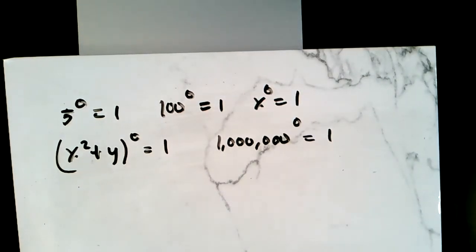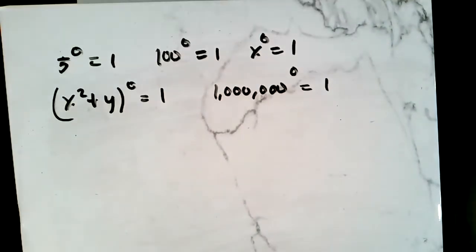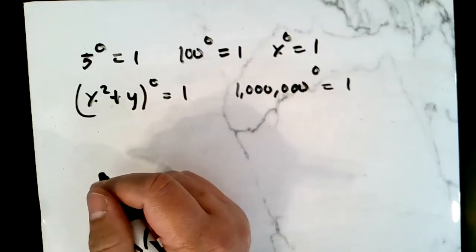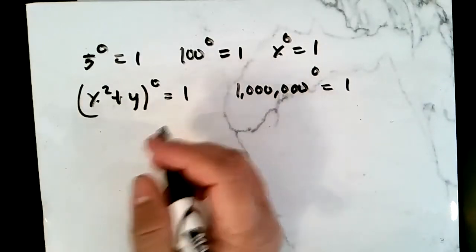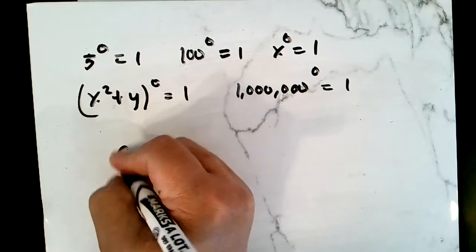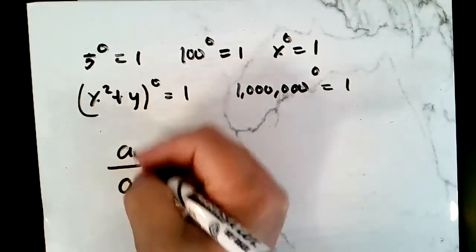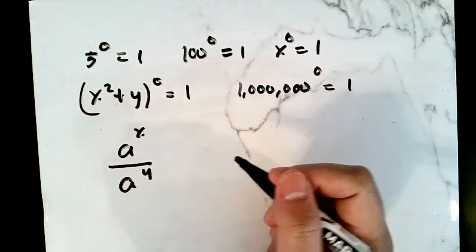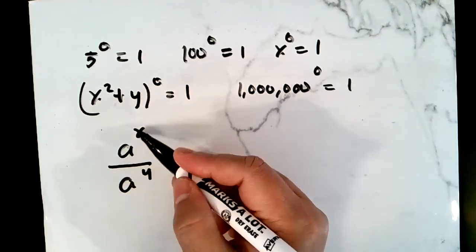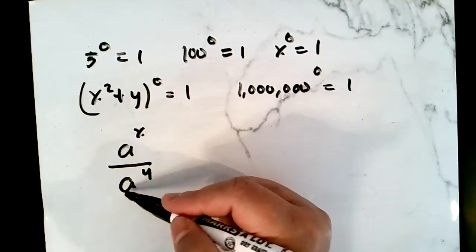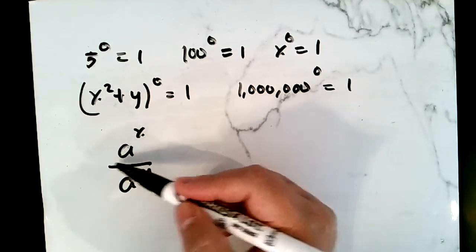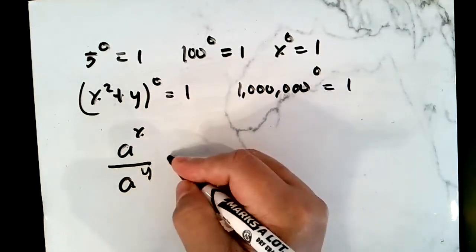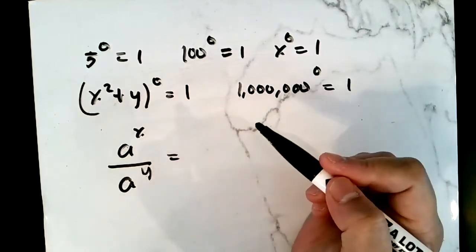So what is the proof to this? Let me bring you back to the law of exponents. The division law of exponents says that if you divide like bases, where this is the exponent and this is the base, all we need to do is skip the base.